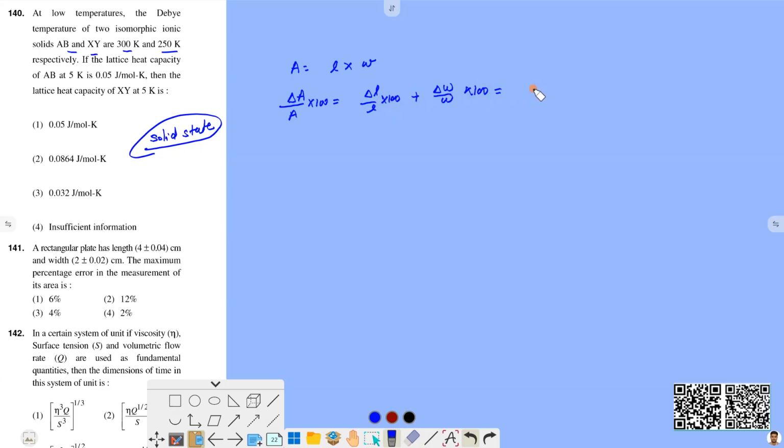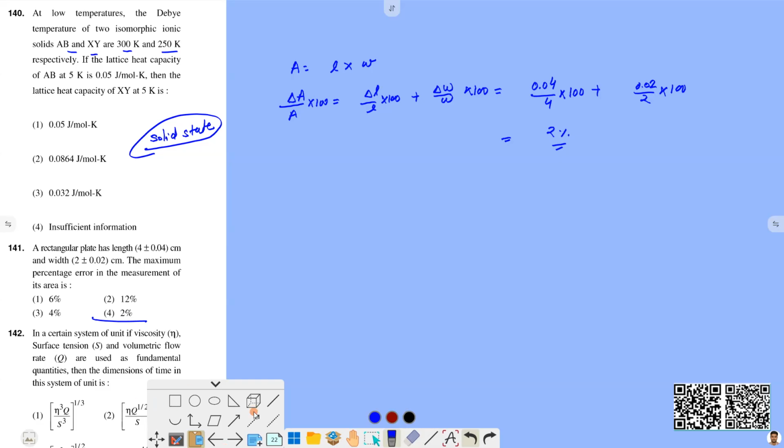So delta L will be here 0.04 divided by 4 into 100, plus 0.02 divided by 2 into 100. And when we solve this, we will get 1% from this and 1% from this. So total 2% will be there, and that is option 4 for us.